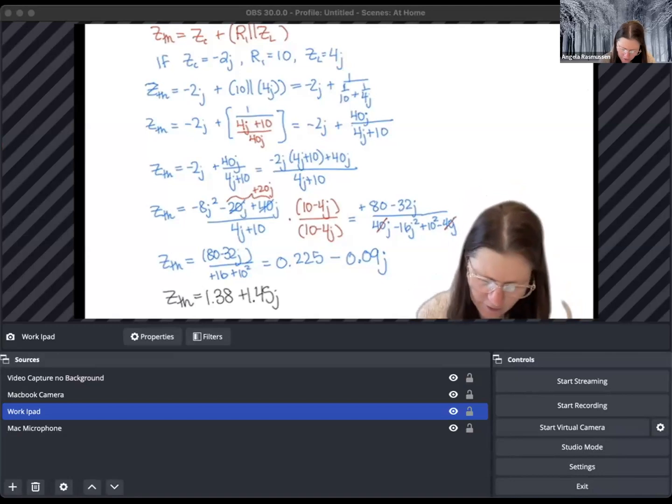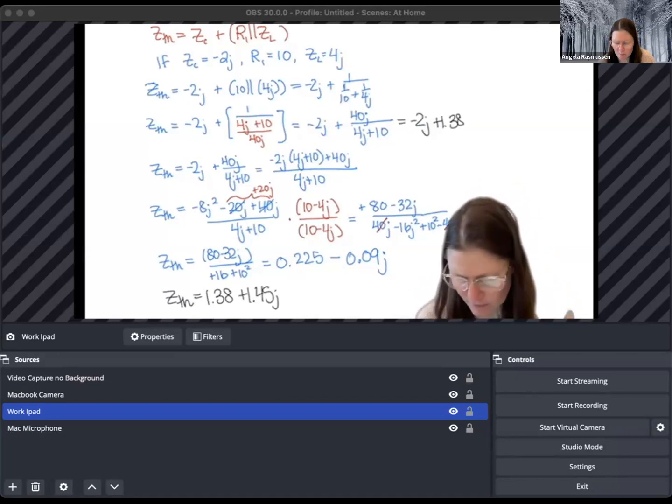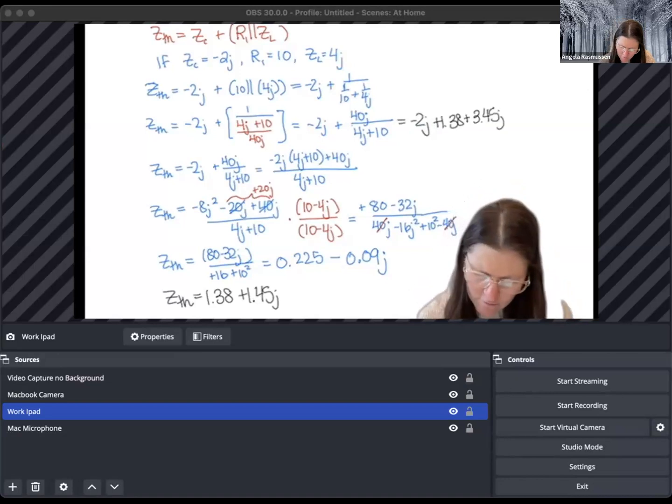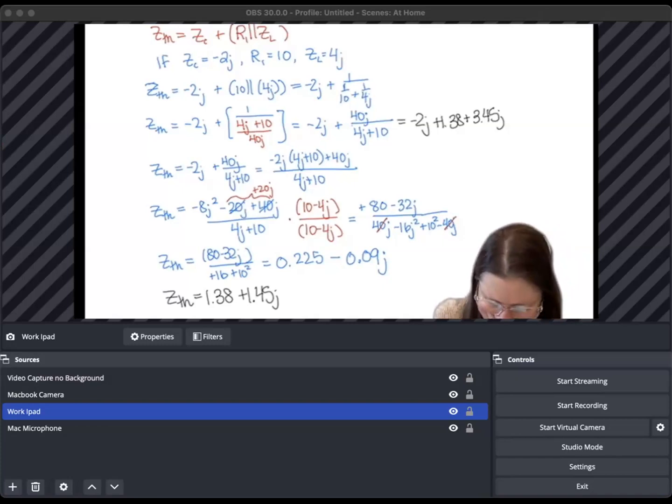It is also saying that this would be 1.38 plus 3.45J. That's so weird, I got minus 3.45.